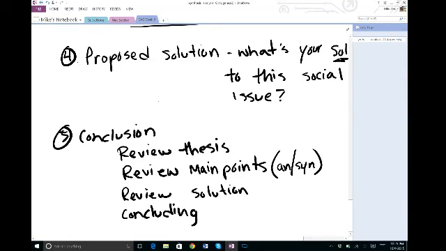The one thing that I want to make sure I explain to you guys is that this section here, the proposed solution, it needs to be detailed. If you're going to tell us that we need to take a 5-step approach to solving abortion, like we need to have 5 steps. First, we need more funding from the government. Then we need more people to support the cause, and then we need all mothers to get better education.